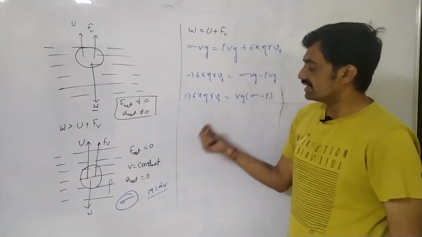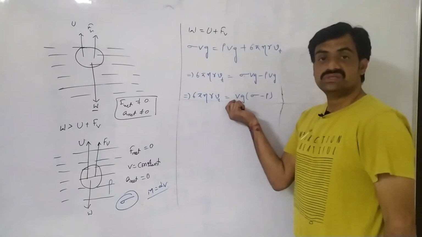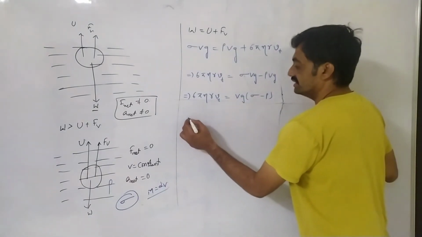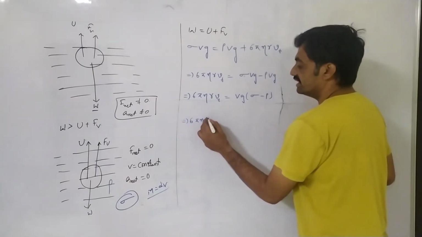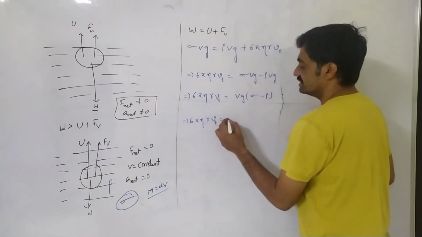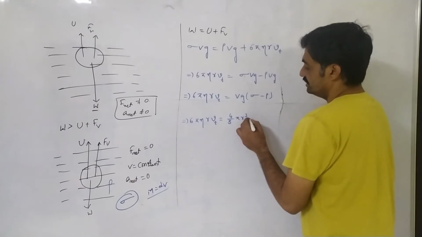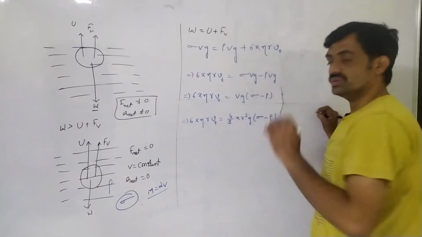Whereas here we had considered a sphere. Volume of the sphere can be represented as 4 by 3 pi r cube. Then 6 pi eta r into v suffix t equals 4 by 3 pi r cube into g into sigma minus rho.